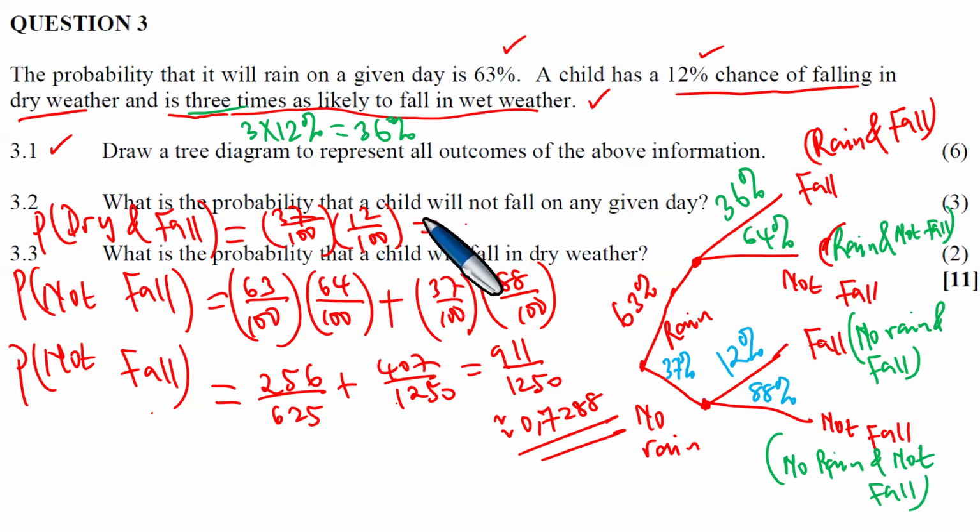If you use a calculator, you get 1111 divided by 2500, and the answer is 0.0444. So the probability that a child will fall in dry weather is 0.0444. Any question? No question.